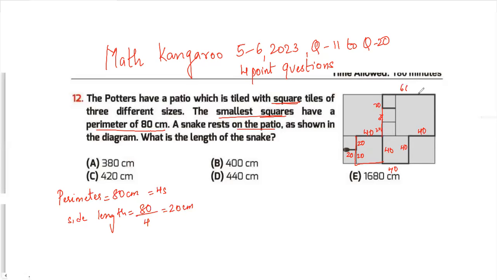So this side becomes 60, 60, and you have a 20 and a 20. So all that I need is to add it up. Now, the way you should add is that you should always look to make friends, as in you should always add those numbers which give you a 10 or a multiple of 10, so that you can add faster. In this case, the way you should be doing it is 60 plus 40 is 100. Let's use a red pen.